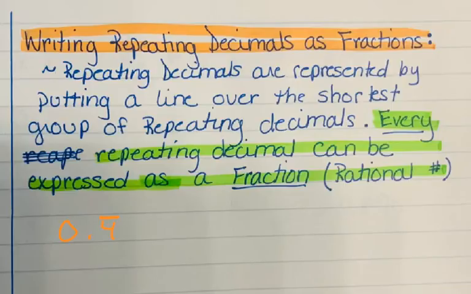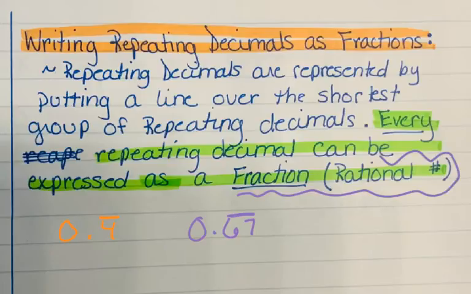If it's 0.6767 repeating, I'm only going to put a line over the first ones, and so forth. Okay, so that's the shortest. Remember, every repeating decimal can be expressed as a fraction, okay, because these are rational numbers.